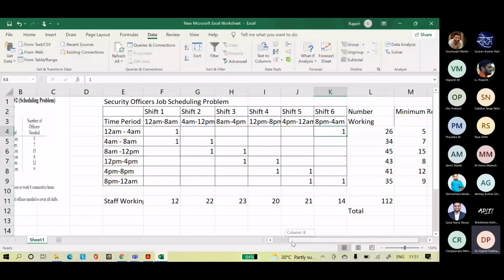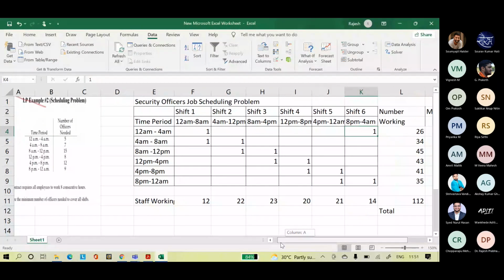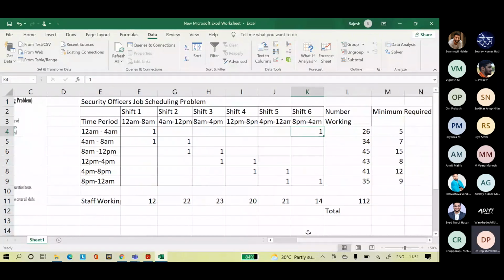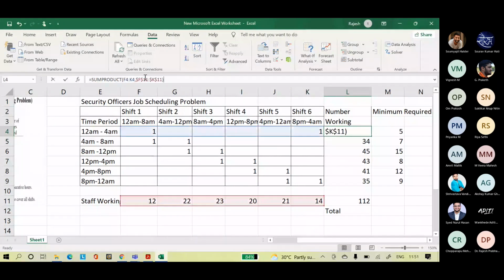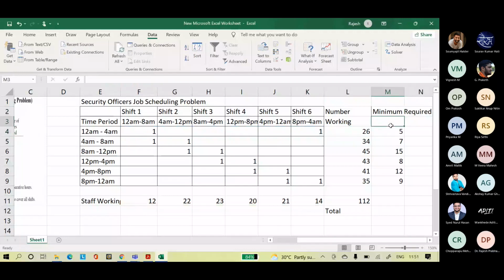Sir, so this number working is basically sum product of overlapping shifts. Now people are working in overlapping shifts. Minimum required is this, but we have too many people working than the minimum required, right? Yes, sir.